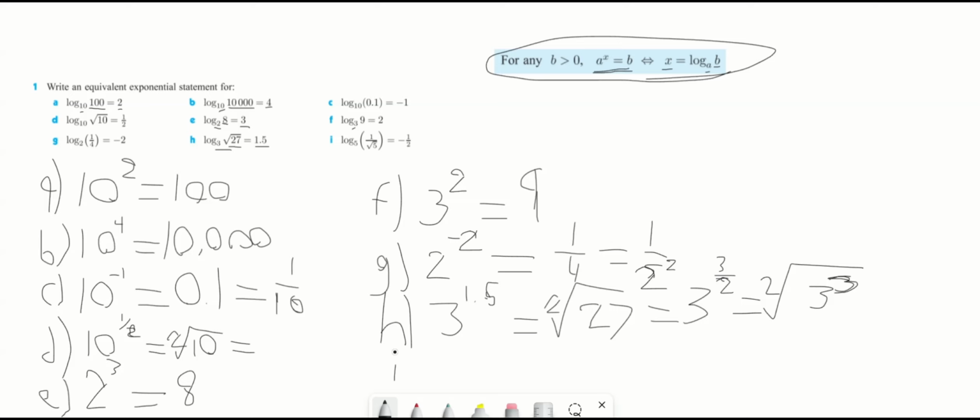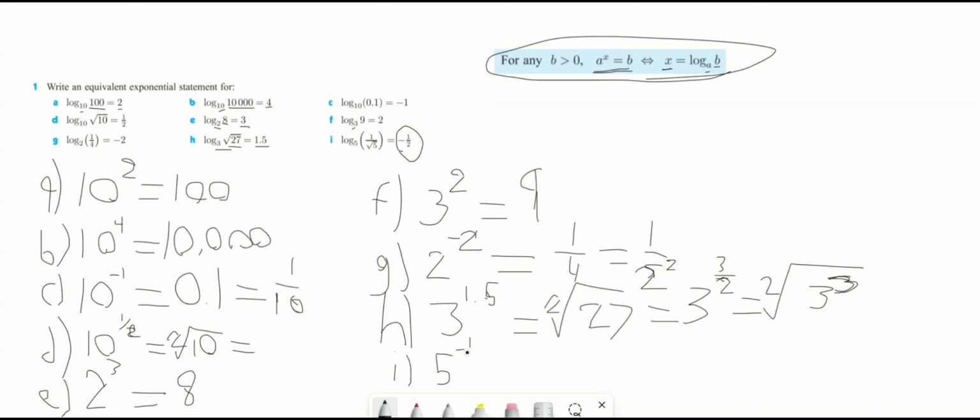And then we go back to i, and so we can do i here, log base root 5. So a is root 5, and 1 over root 5 equals negative 1 over 2. So negative 1 over 2 is going to be our x value again.